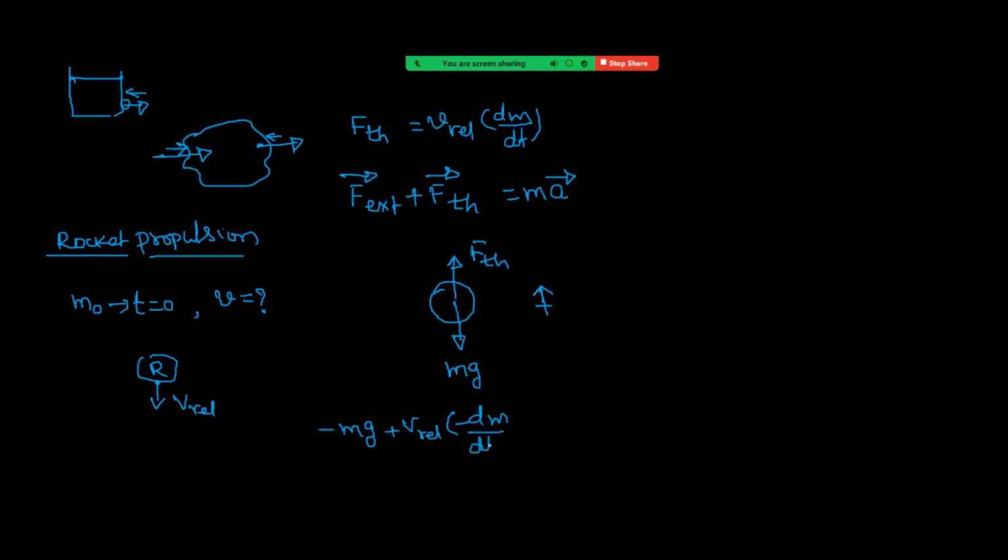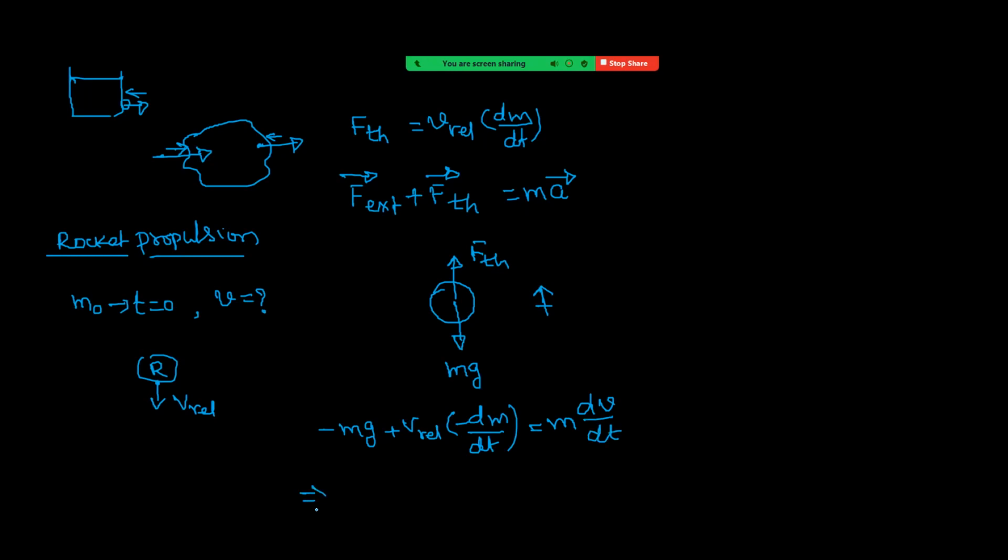See why we have taken minus: because dm by dt itself is negative, so to make it positive, we have taken a negative sign. This force is downwards, so we have taken negative. Thrust force is upwards, so we have taken positive. This net equals mass into acceleration. In the place of acceleration, we can write dv by dt.